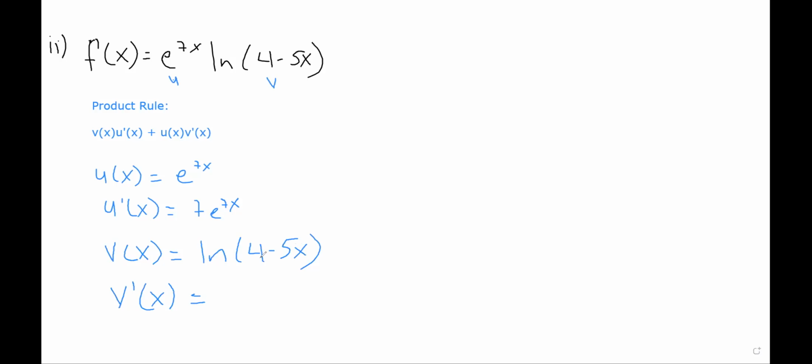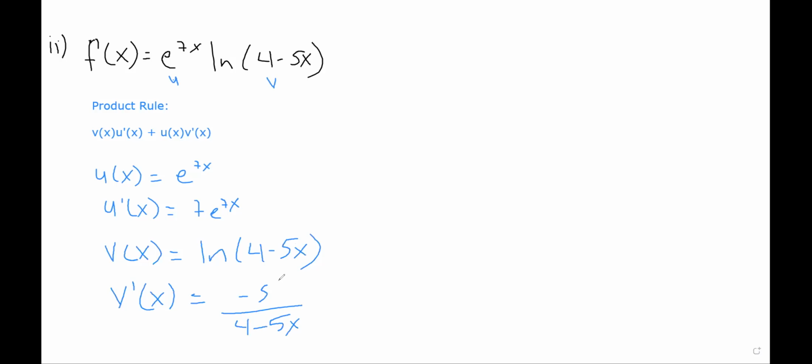The differential of a whole number is just 0, and the differential of negative 5x is negative 5. So we're going to have negative 5 divided by what's in the bracket, which is 4 minus 5x. So that's our v prime, or v differential of x.